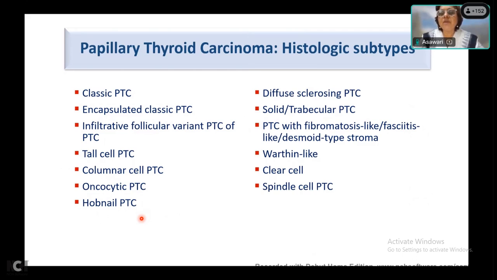You have to count the number of mitoses, and second is necrosis. Presence of necrosis in any of these variants always denotes a poor prognosis. Is that clear to you? And now they have been separated out as a separate entity. We are going to see those cases later. Anything else you want to add, Swapnil?